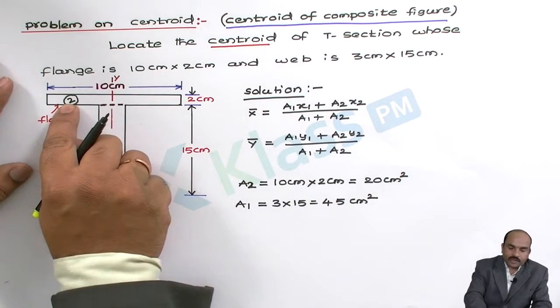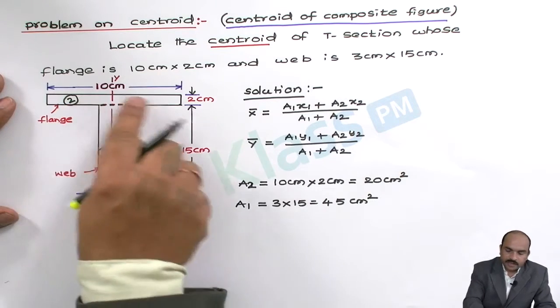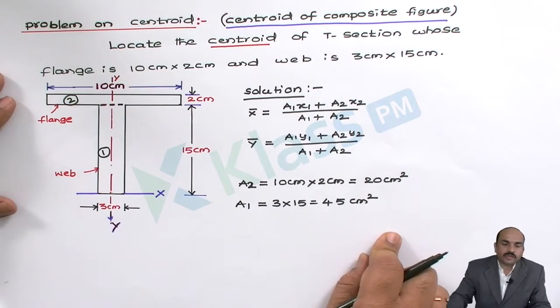A2 is the area of the second rectangle, that is 10 into 2, 20 centimeter square. So these are the areas.